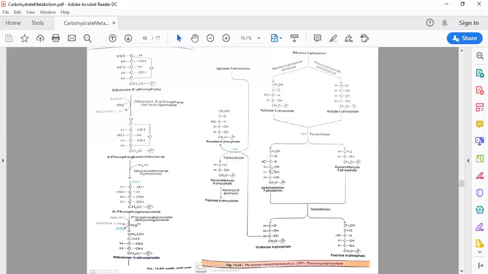So 3 carbons from pseudoheptulose 7-phosphate are transferred to glyceraldehyde 3-phosphate to form fructose 6-phosphate, and the remaining 4 carbons form erythrose 4-phosphate. So transketolase acts on xylulose.